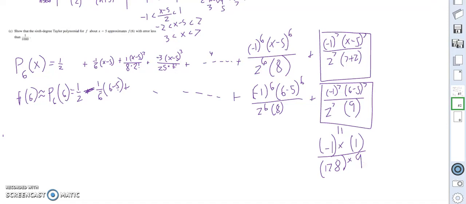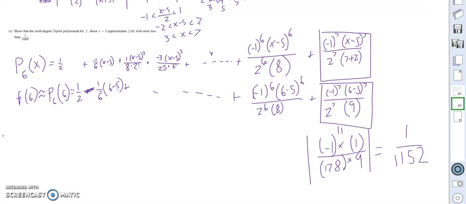And when I take the absolute value of that, that's going to come out to 1 over 1152. So what I figured out is this first term I leave off, 1 over 1152.